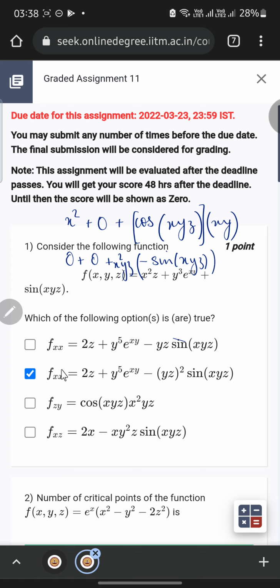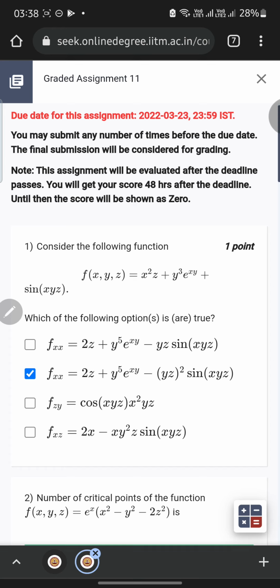Perfect. Basically this option is wrong. Instead the actual answer should have been minus sine xyz into x square yz, basically just minus sine instead of cos.